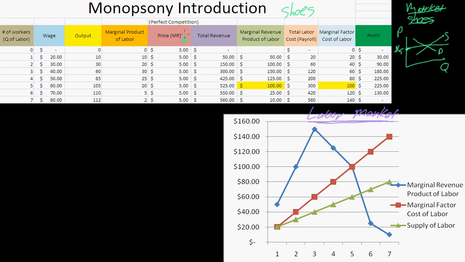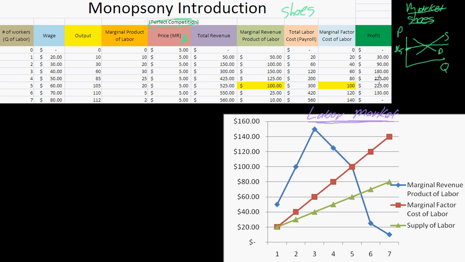And that's why I put perfect competition up here, because while this firm is a monopsony for the inputs, it has to sell its product on the global shoe market. So you could imagine this company being the only shoe factory somewhere in Southeast Asia.